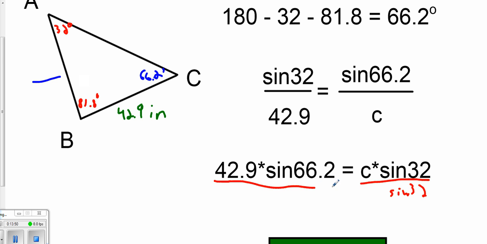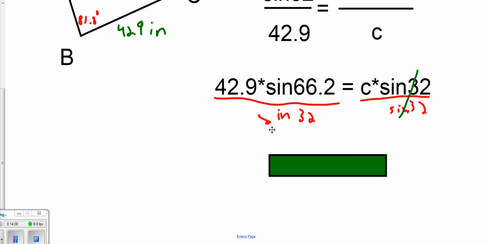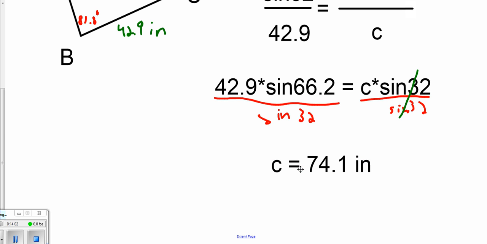All of this over the sine of 32. Those will cross out. We just have C alone. Punching that into the calculator then gives us that C is going to be 74.1 inches. And that would be our final answer.